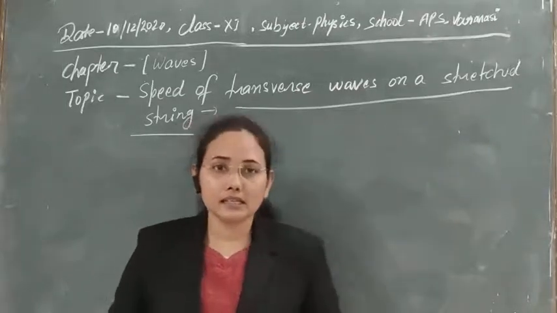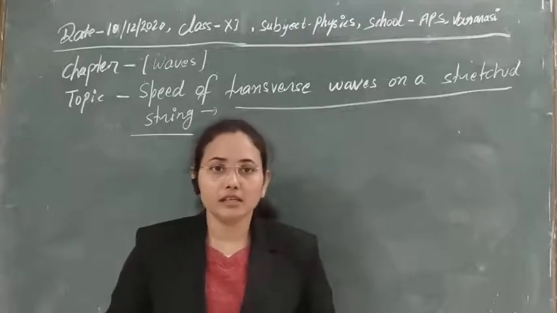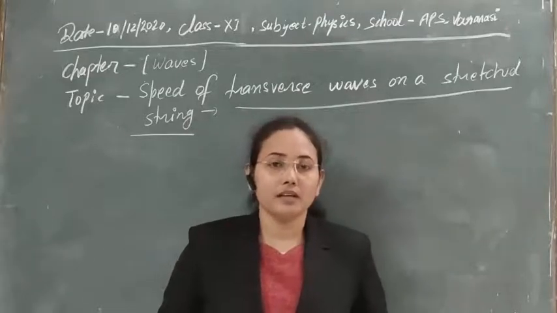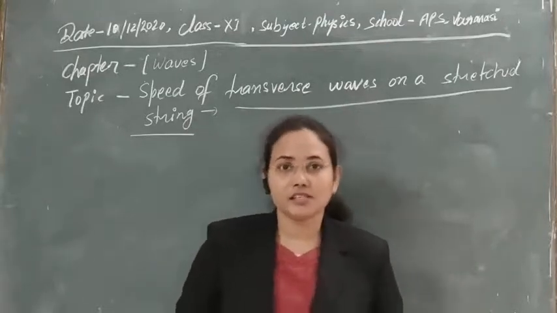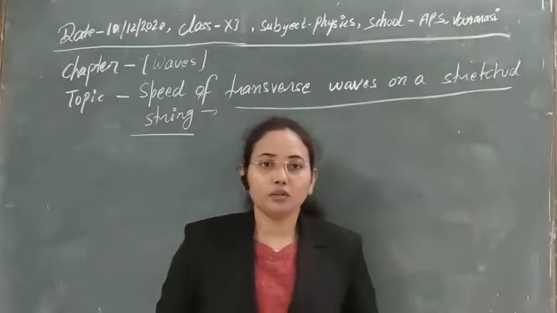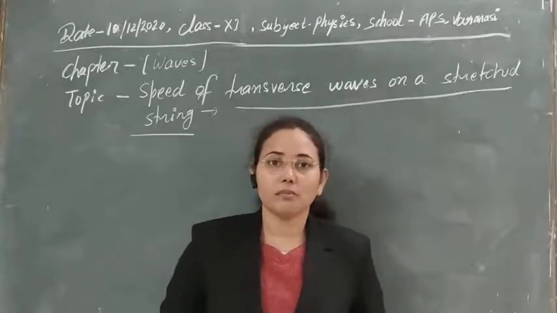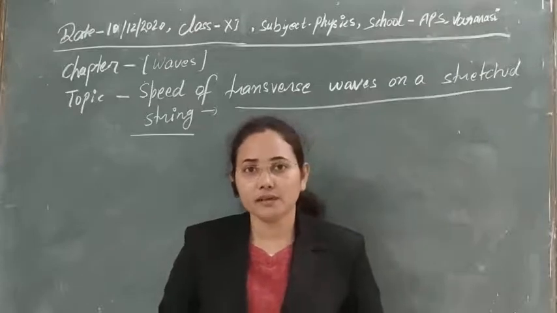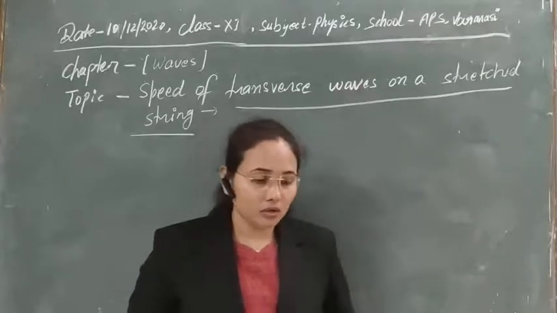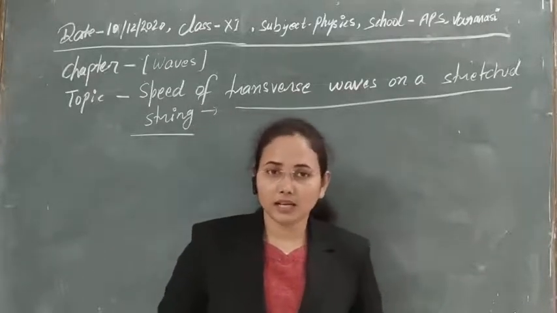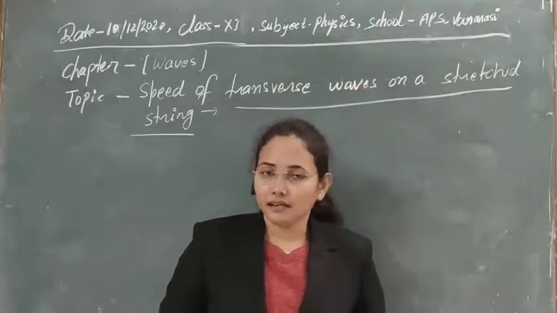So today let's see what is the speed of a transverse wave that is produced in any stressed spring. We have two types of waves in the case of mechanical waves, that is transverse waves and longitudinal waves. Longitudinal wave examples we have already seen, like sound wave.